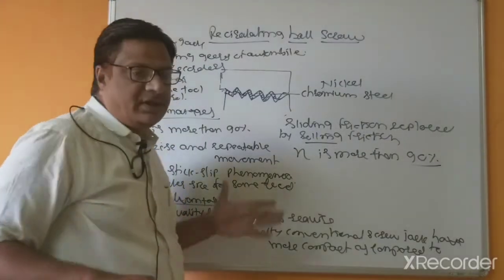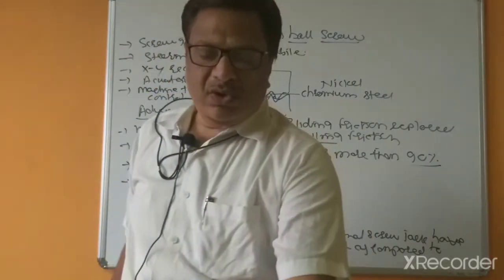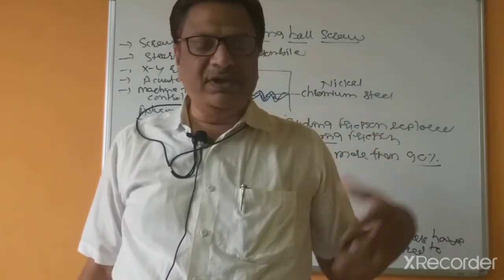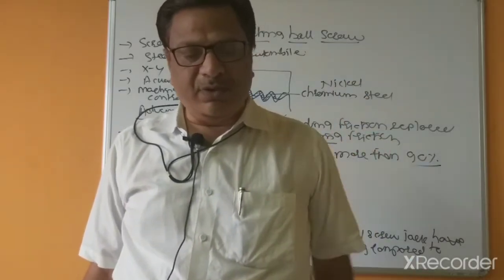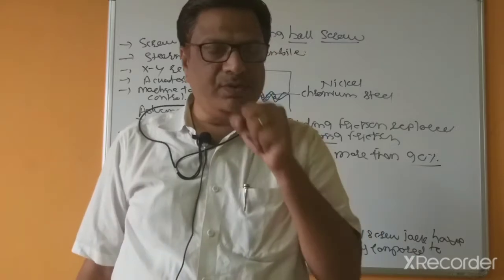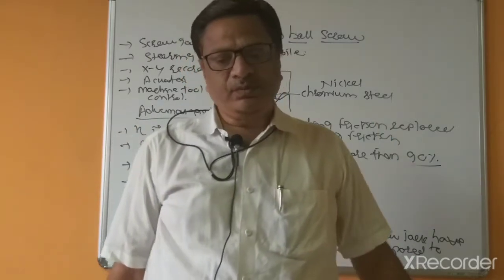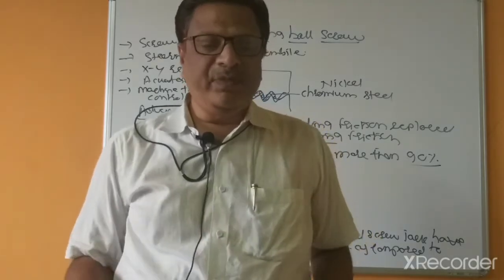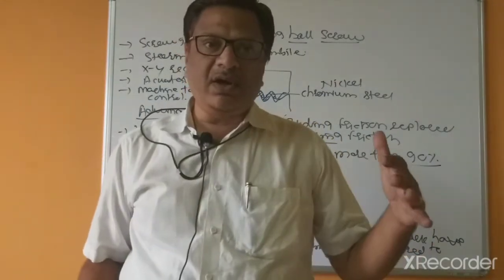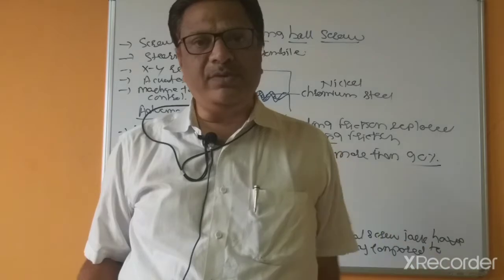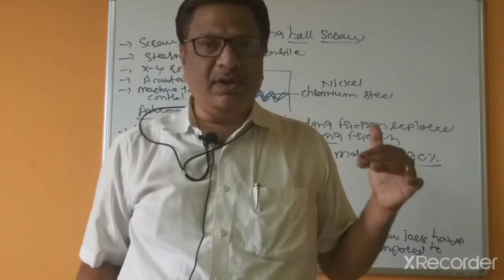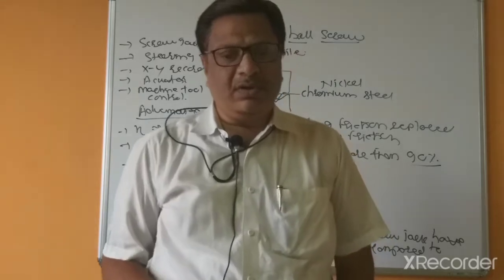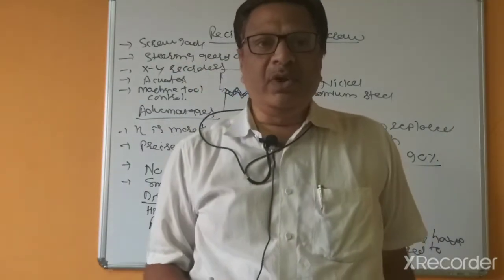But actually in the recirculating ball screw, rigidity is less, as compared to what is generally needed for tool rooms. Instead of the recirculating ball screw, sliding contact is more advisable, because sliding contact has 3 to 4 times more rigidity as compared to rolling friction.